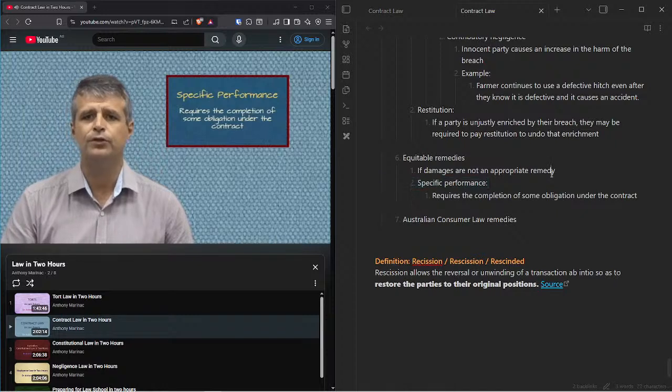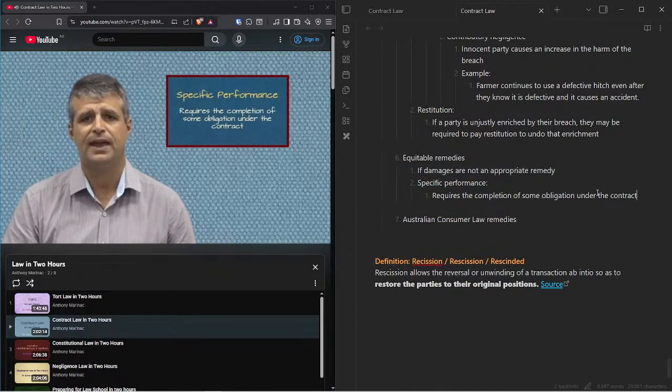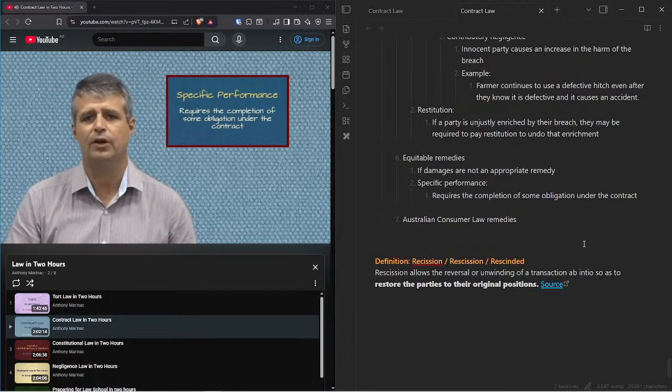If a party refuses for one reason or another to sign the transfer in the sale, then the other party, the plaintiff, can seek an order for specific performance, where the court would order them to sign the transfer.